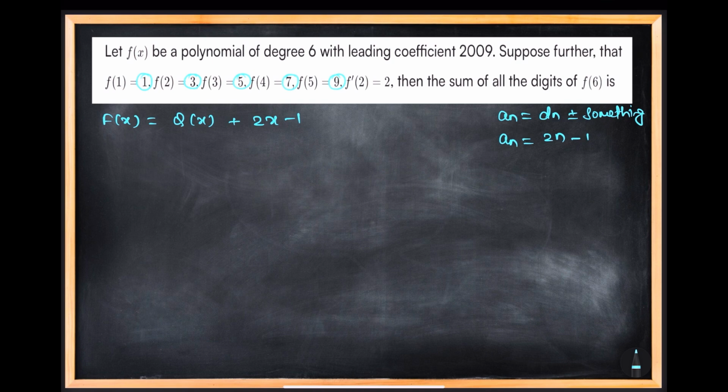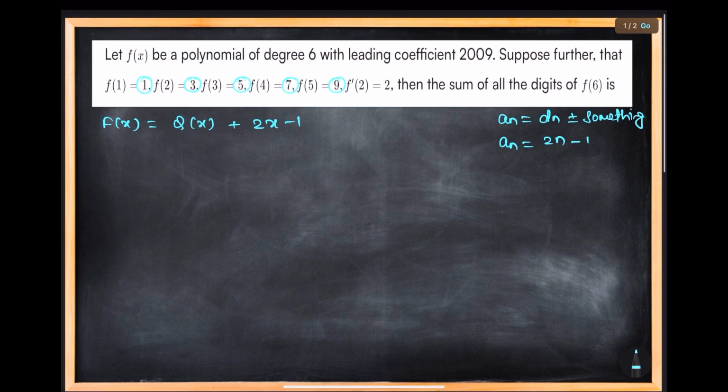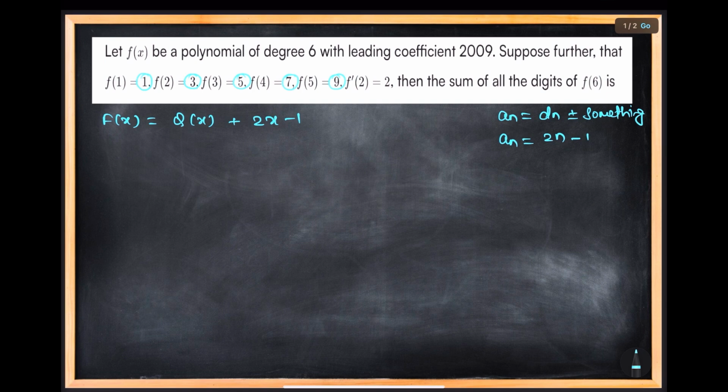Now we have to find out who is this q of x. So what we will do, I will replace x with 1. So we will have f of 1 equals q of 1 plus 2 minus 1, which is 1. So f of 1 is 1, this thing is gone. So can I say that q of 1 is equal to 0?